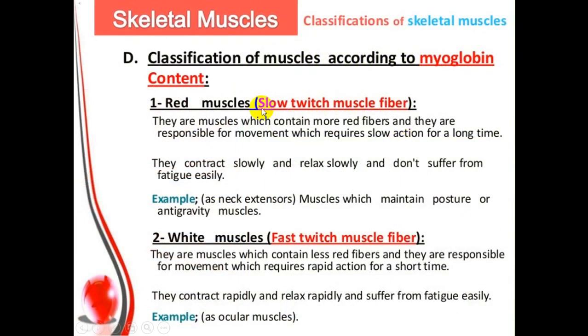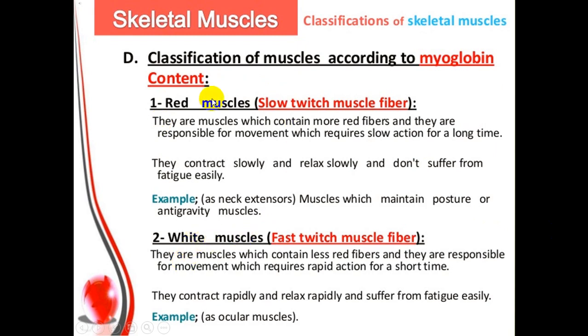In lower vertebrates, the red and white fibers are exclusively present in individual muscles, so we can classify skeletal muscle into a whole red skeletal muscle and a white skeletal muscle.